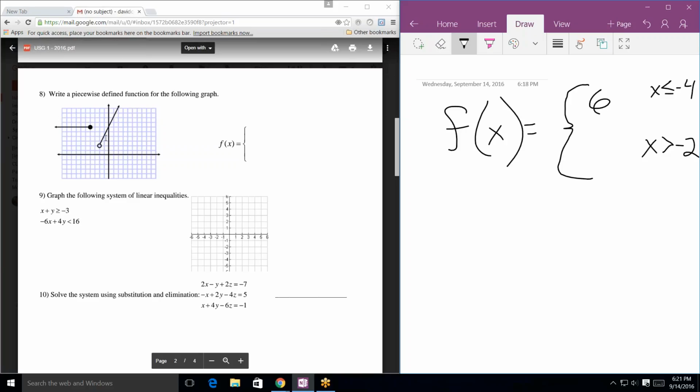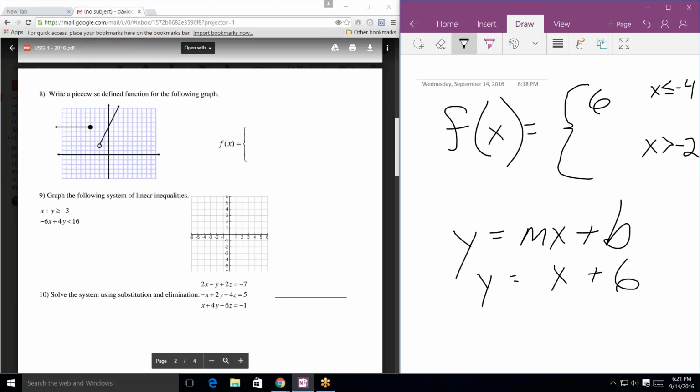Okay? Well, that function that we're looking at is a straight line. Straight lines can be written in the form y equals mx plus b, especially if they go through the y-axis. What's b in this case? It would be 6. And what's m?